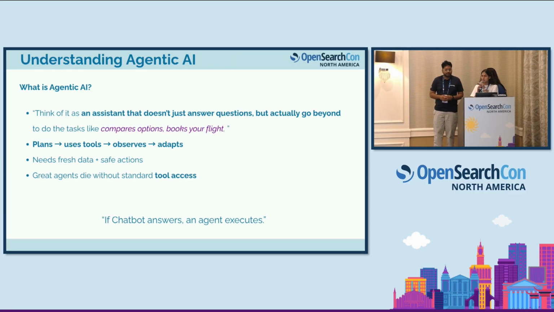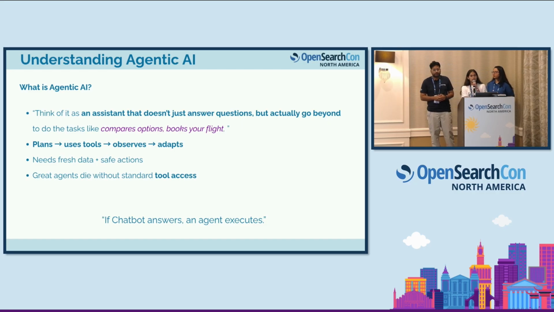So let me start with what is agentic AI. Think of it like an assistant that doesn't just answer your queries, but goes ahead and actually does the task.